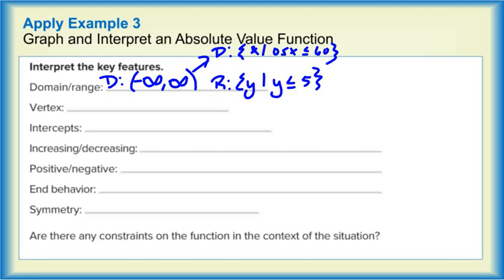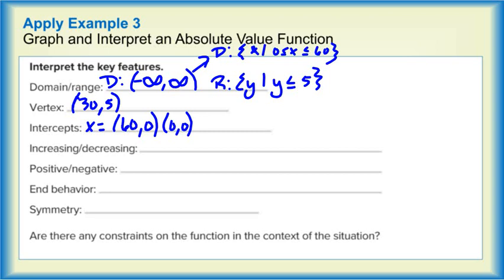The vertex is at 30, 5. The intercepts: the x-intercepts would be 60, 0 and 0, 0.